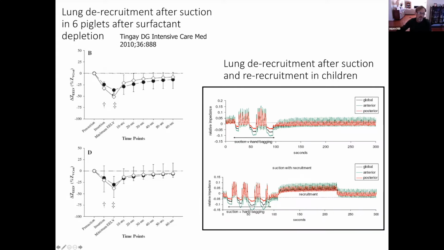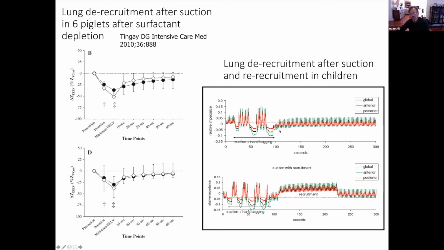This is closed versus open suction, and you can see that there's hardly any difference between closed and open suction in neonates. And if you just reconnect, it gradually increases again your end expiratory level, but you certainly don't get better. We hoped after suction that we have better ventilation, but this is not true.